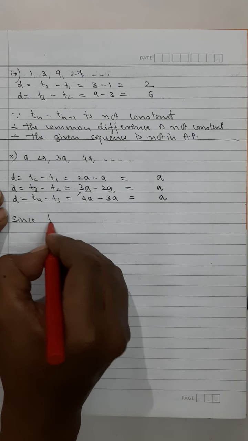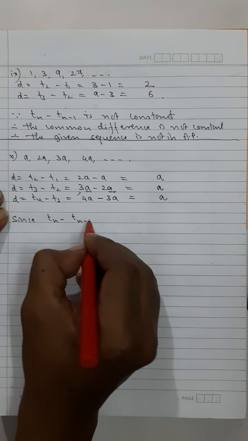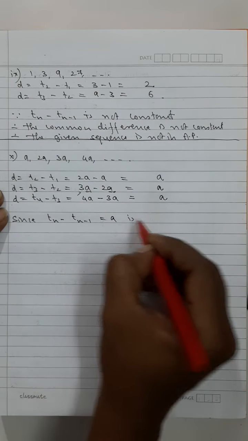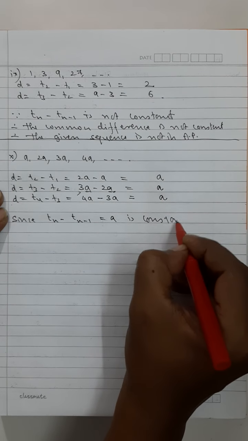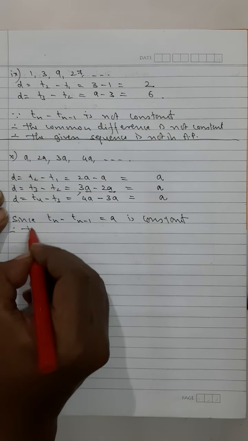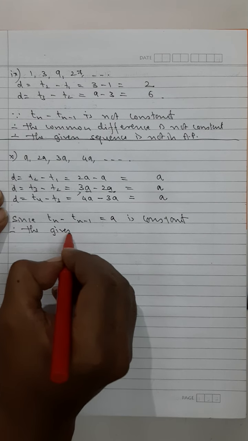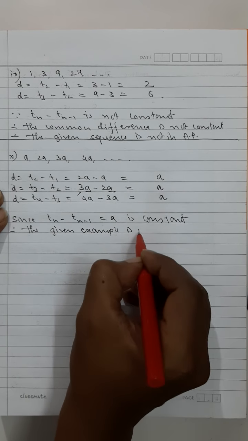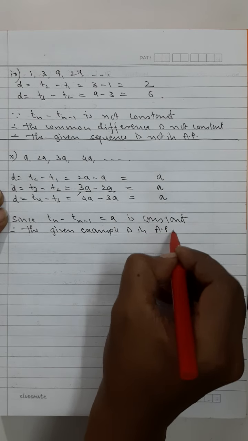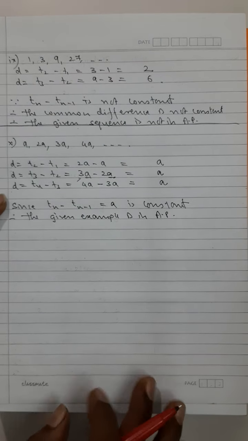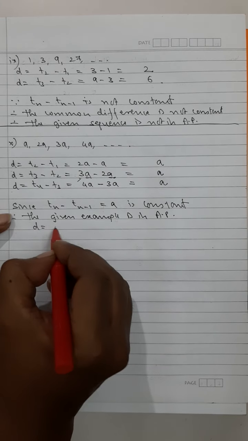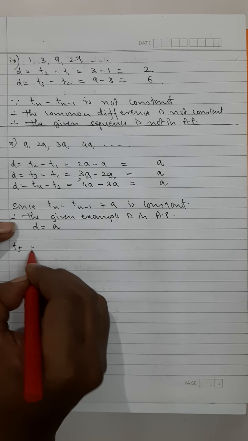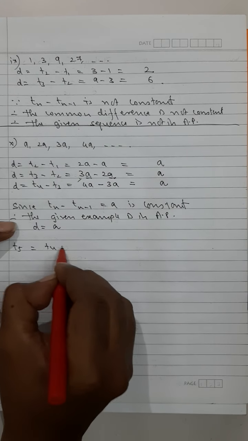Since Tn minus Tn minus 1 is equal to A is constant, therefore the given example is in arithmetic progression. Since common difference is constant, where d is equal to a, t5 is equal to t4 plus d.